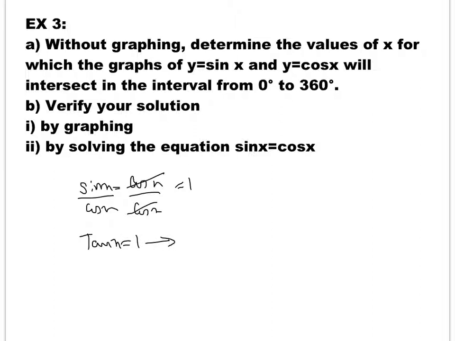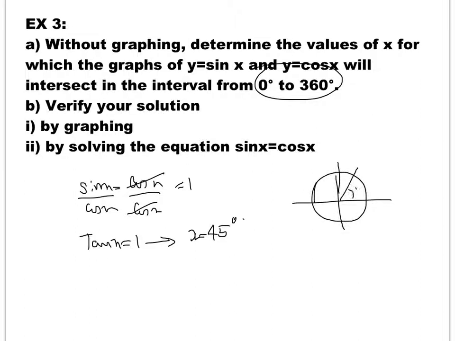I know by heart that x equal to 45 degrees is going to give me the first answer. But since the domain is 0 to 360, and this is my unit circle, and this is the reference angle 45, I have to find another angle in the unit circle which is going to have tan x equal to 1. Now, if I go to the third quadrant, cos and sine, they have the same sign.